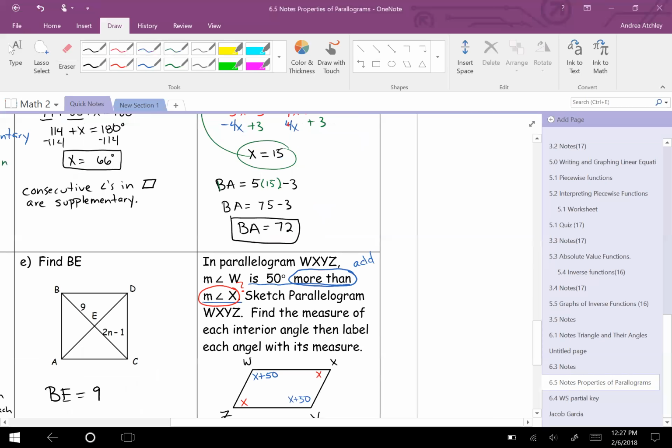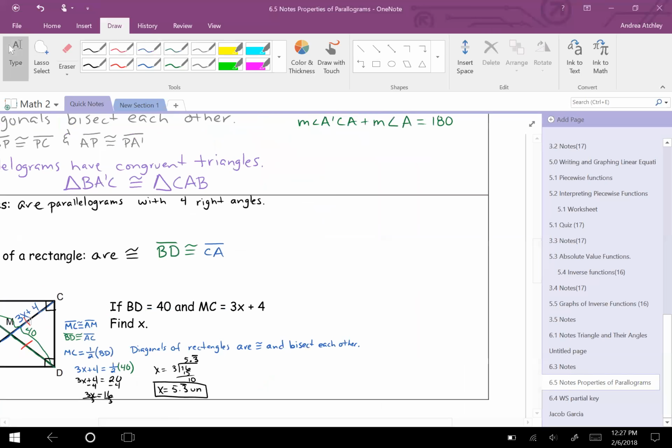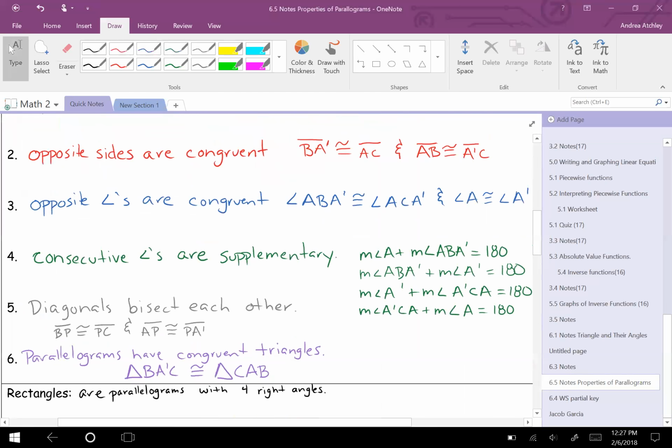I have two things about them. Angles 3 and 4, supplementary.